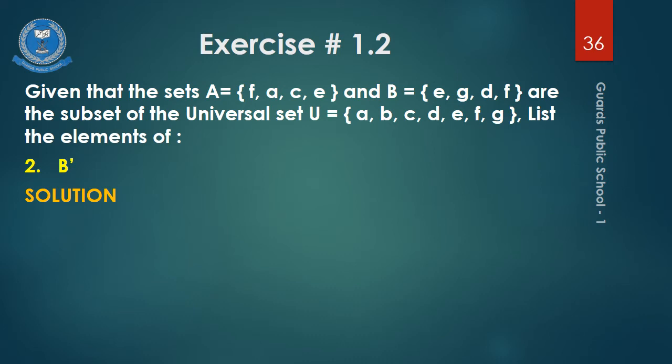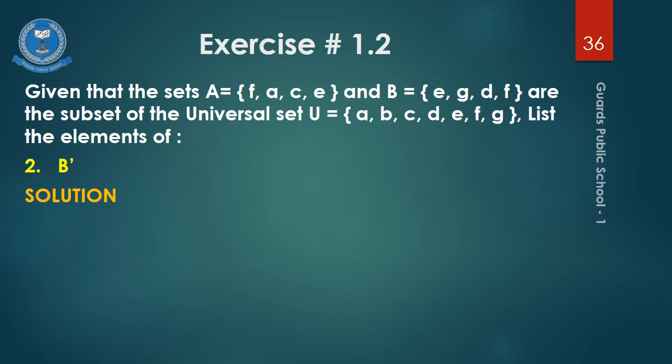It is question number 2 in exercise number 1.2. As you all know, complement means difference from the universal set. A complement means difference of set A from the universal set.